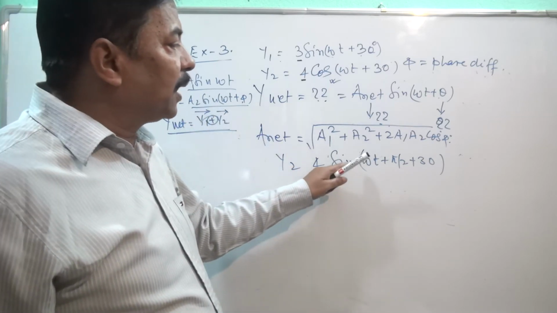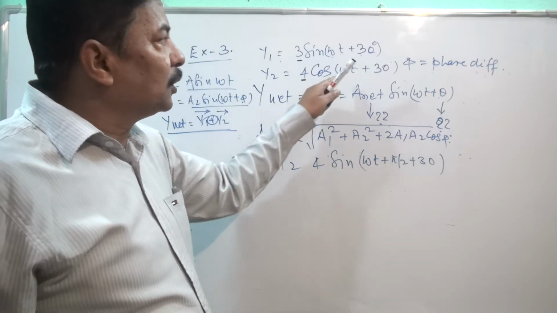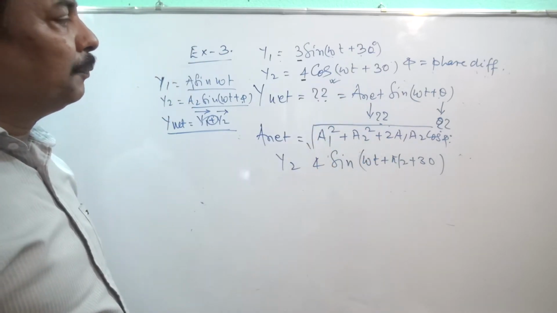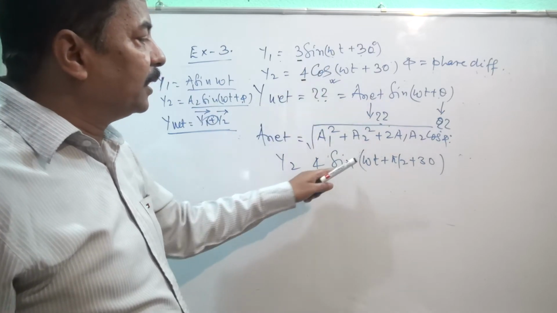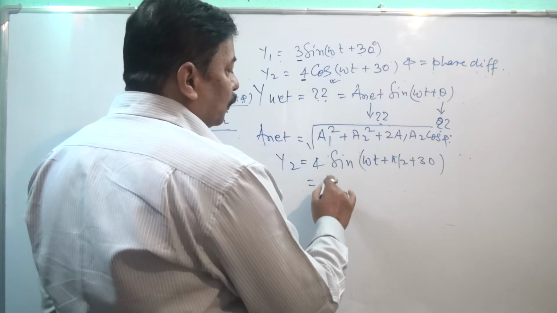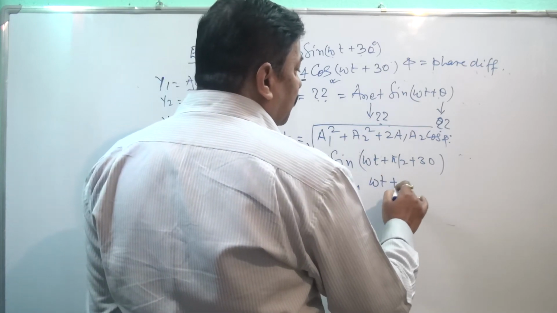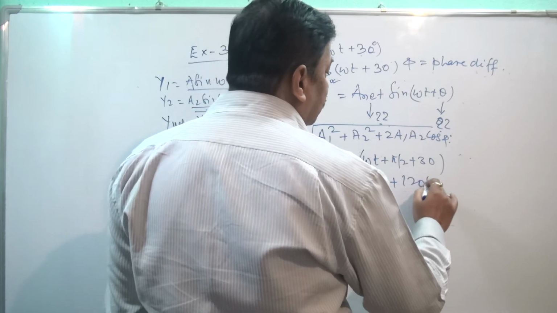Now sine 90 plus theta becomes cos theta. So this will become the cos value. So y2 is equal to 4 sine omega t plus 120 degree.